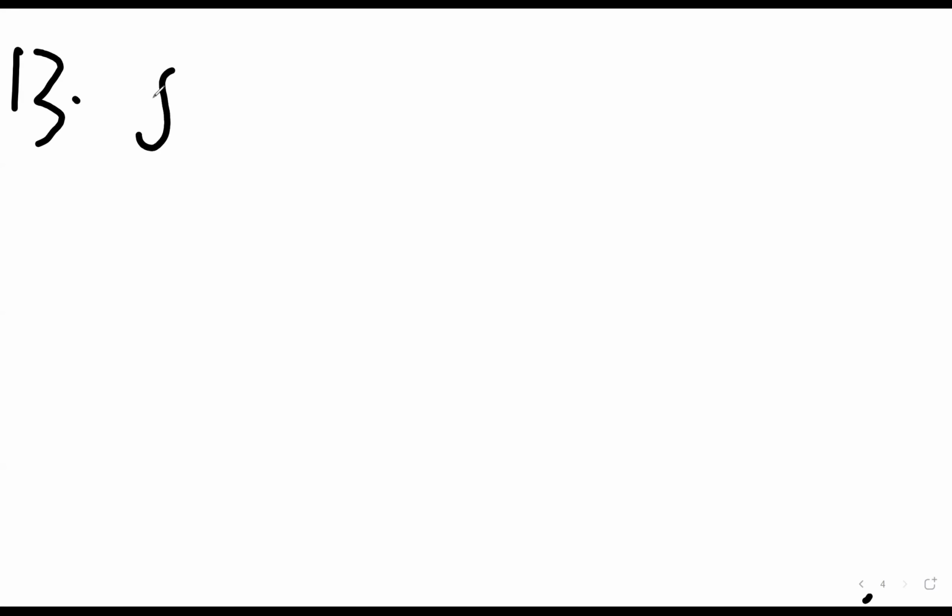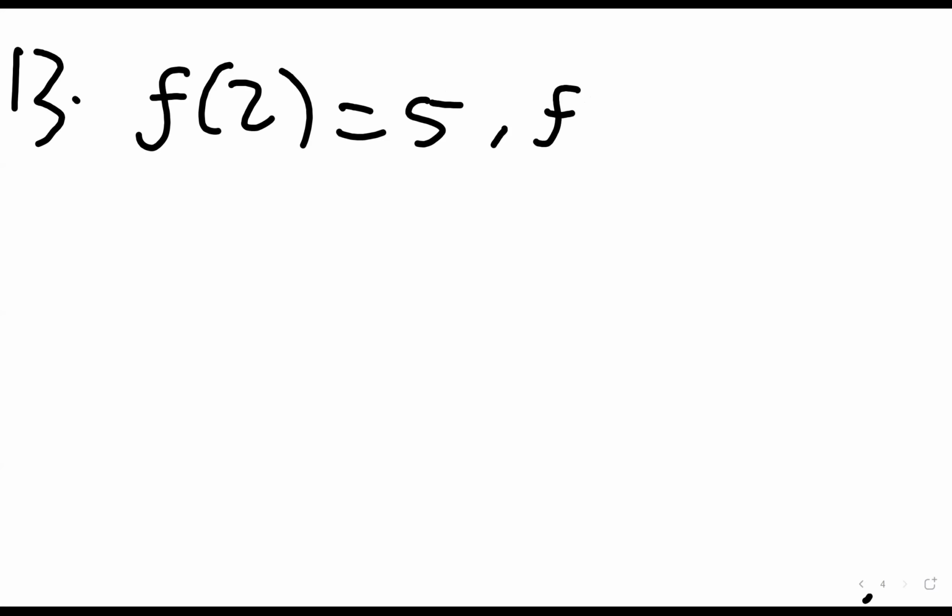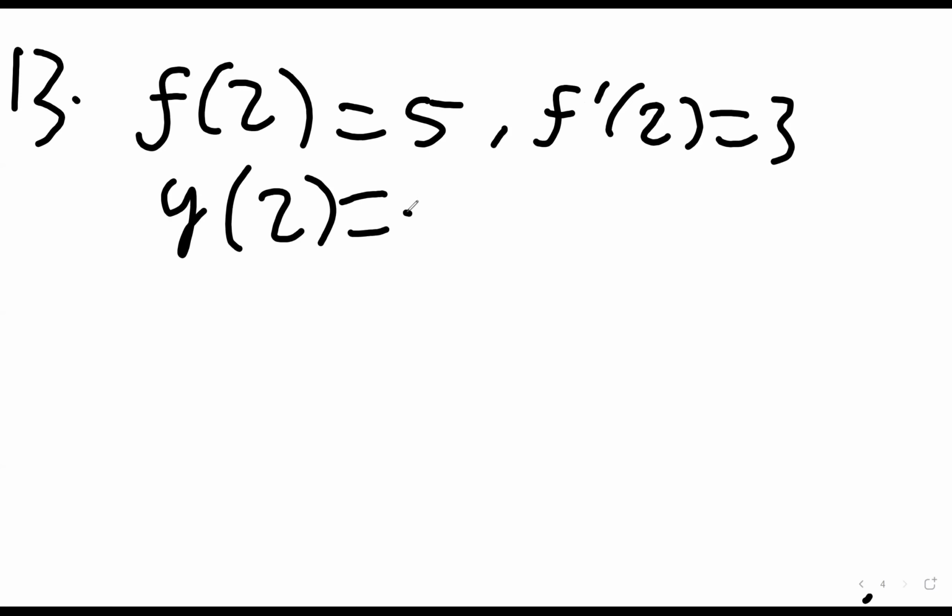Okay, so we are given f of 2 equals 5, and f prime of 2 equals 3, g of 2 equals minus 4, and g prime of 2 equals 6.